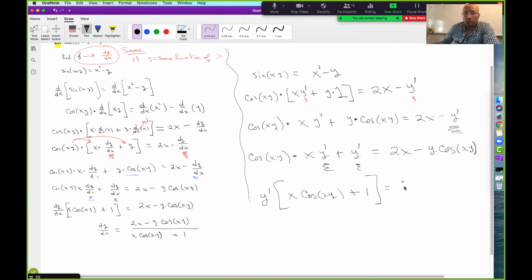Equals 2x minus y cosine of xy. And so, as a final step, we can divide both sides and we end up with the exact same answer. So it just depends on which style you're most comfortable with.